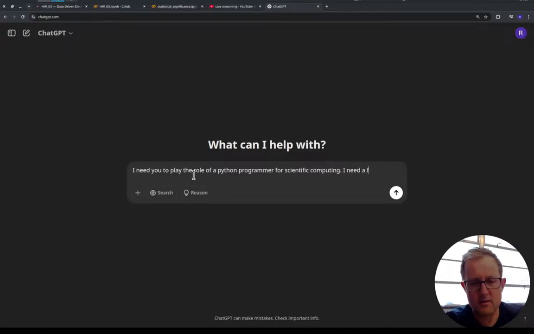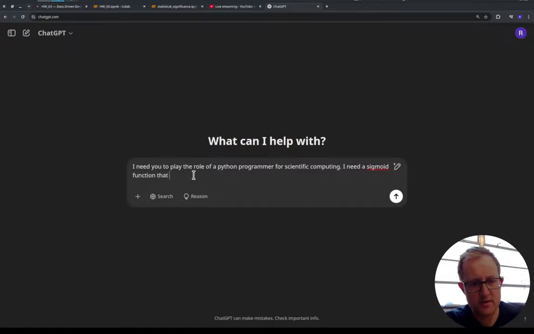I need a sigmoid function that starts at 1 and decreases to, let's say, 0.5 as the input increases from 0 to 100.